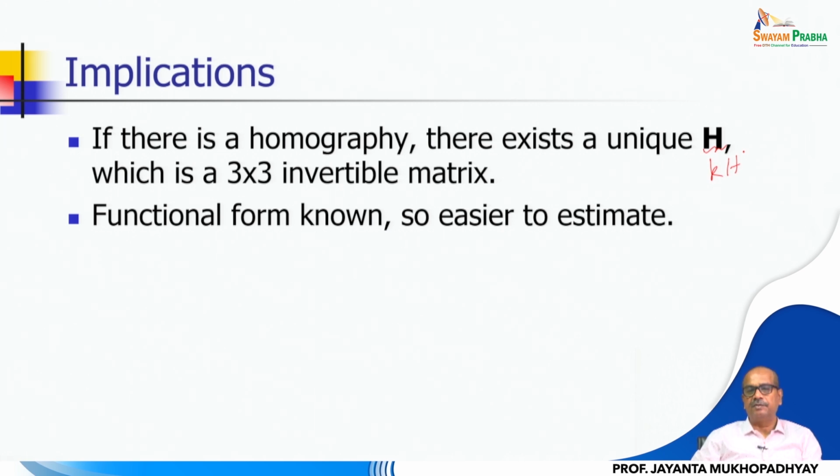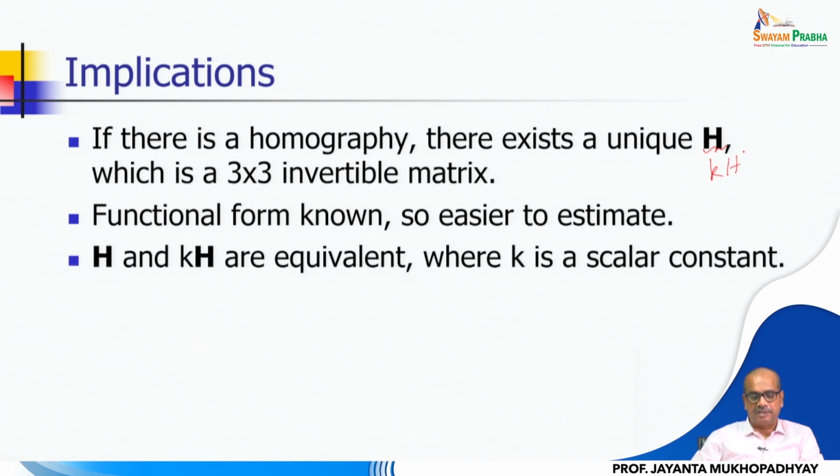That means if I give you the corresponding input data, say some point correspondences, from there we can estimate this H. Because we know the functional form, we can write those equations and solve them, or perform some kind of least square error or optimization methods to get a good estimate corroborating with that set of point correspondences.